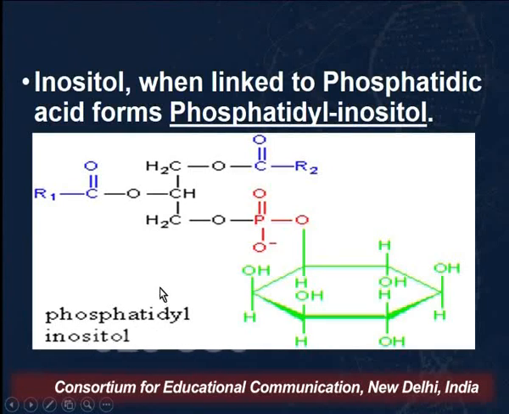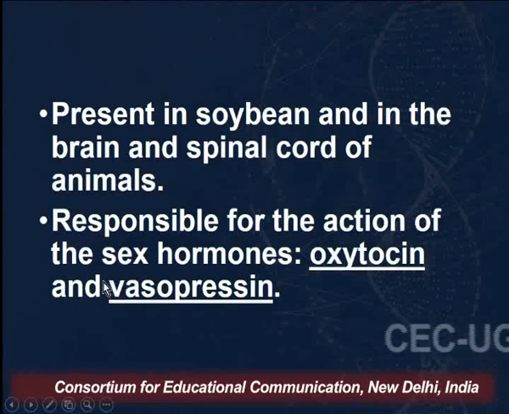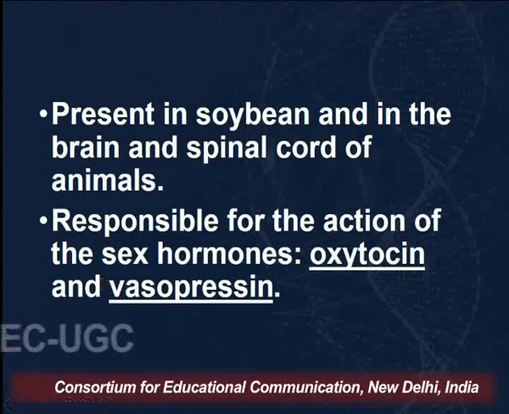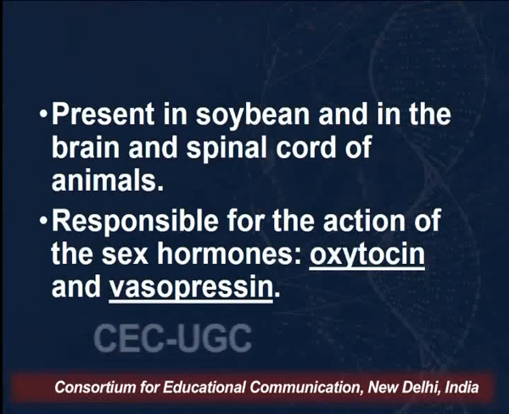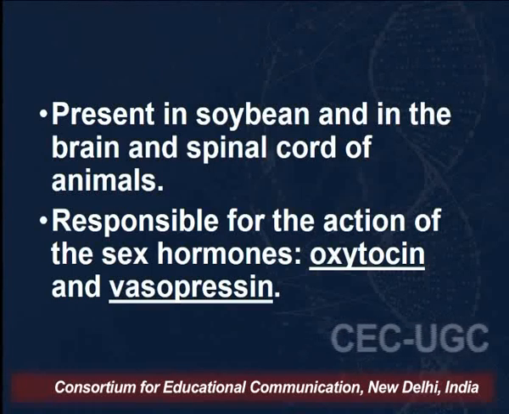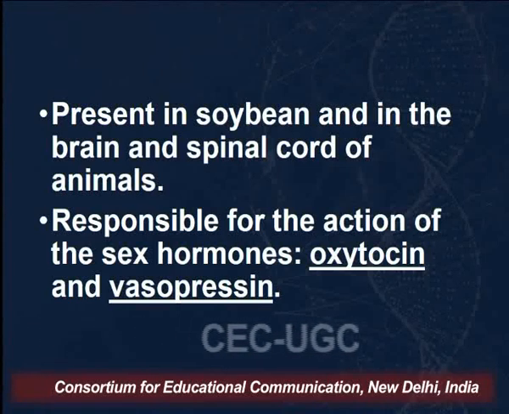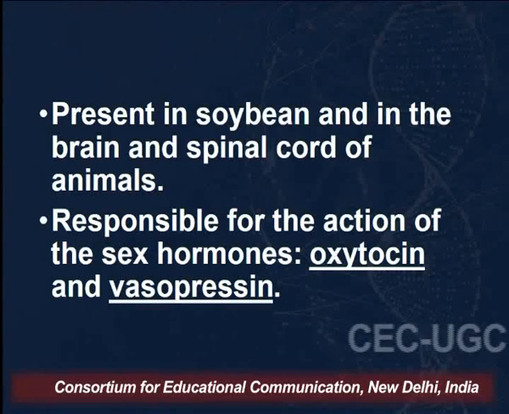Now what are the uses of phosphatidyl inositol? It is very important, please remember, it is a glycolipid, a glycoglycerolipid. It is not a phosphoglycerolipid, and it is present in soya bean and in brain and spinal cord of animals. And it is this which is responsible for action of sex hormones, oxytocin and vasopressin.